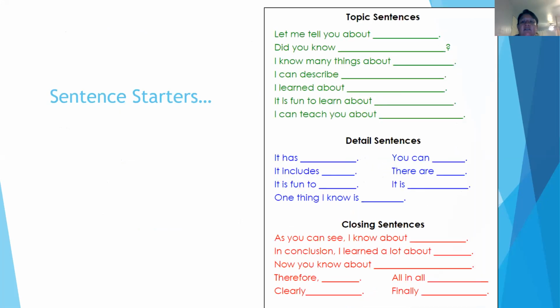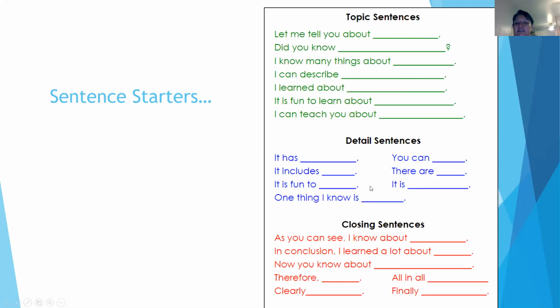Your sentence starters, this is what we're using to put our sentences together. The top green section is the topic sentence. You use that for the first sentence in your writing, the very first sentence in your paragraph. The detail sentences, you use them for the next 3 sentences.